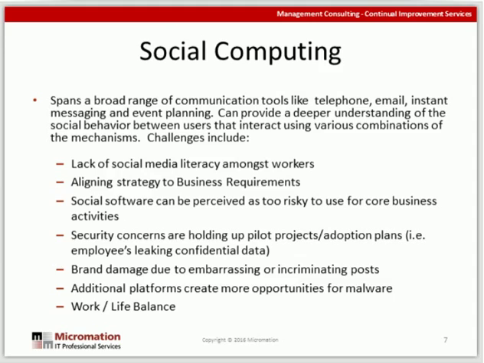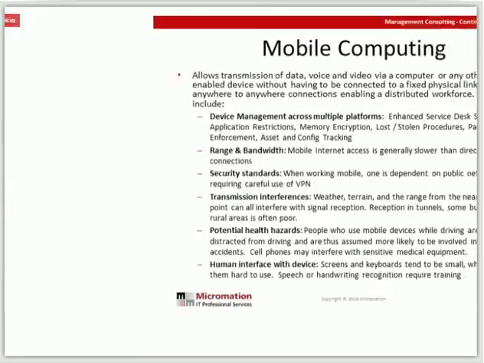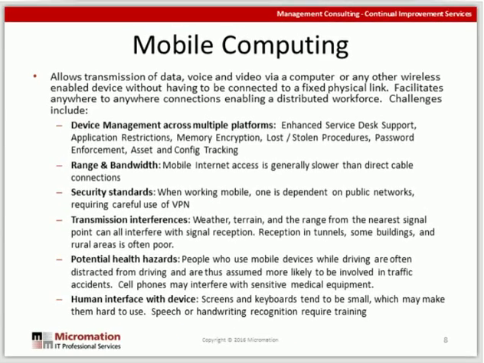In terms of mobile computing, the example here is really a utility company. In Ontario, the geography where I live, there have been a number of utilities that have been deploying smart meters. In one particular case, the smart meters were deployed and used cell signals to communicate the results back.